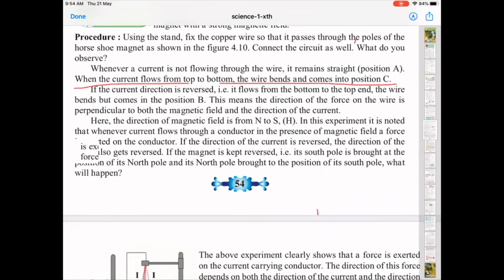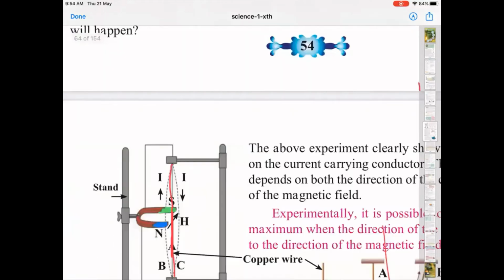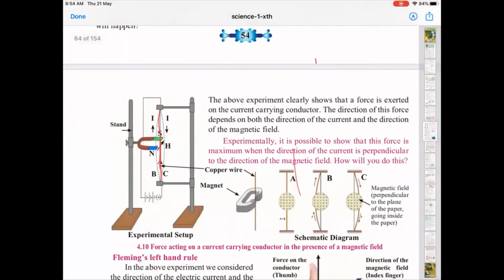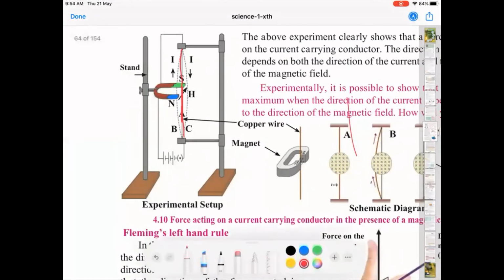What they are trying to show you is, if you look at this diagram, let me erase the red line so that it becomes very clear for you.